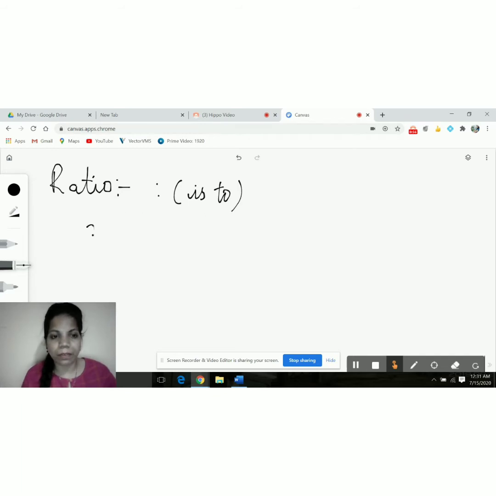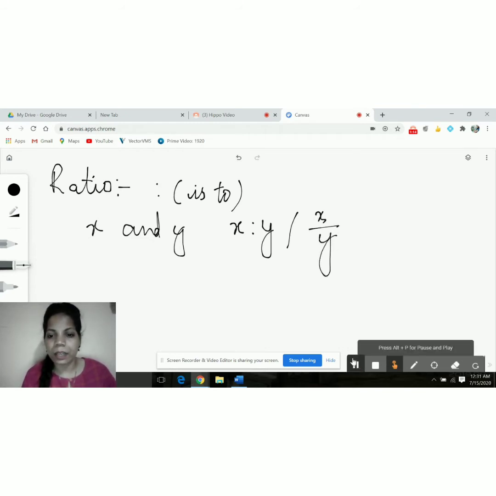So if x and y are any two quantities, then how will we compare them? How will we write? X is to y or x by y. Okay children, we can write it as x is to y or x by y.